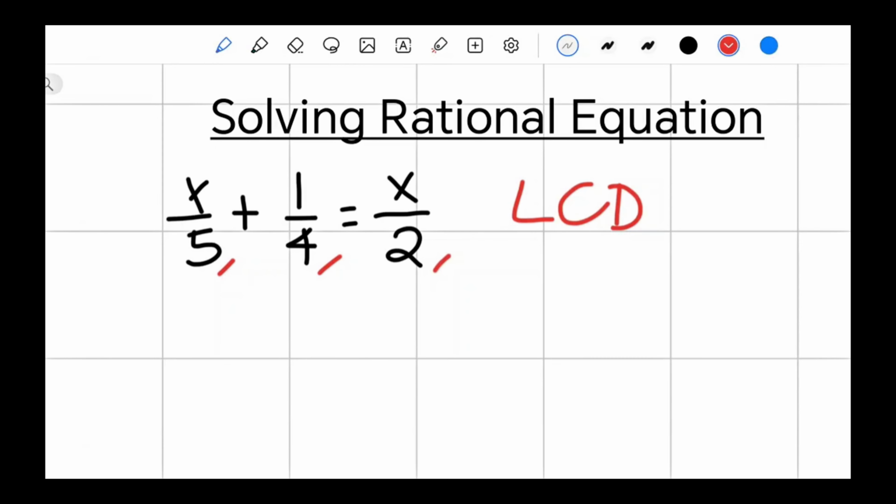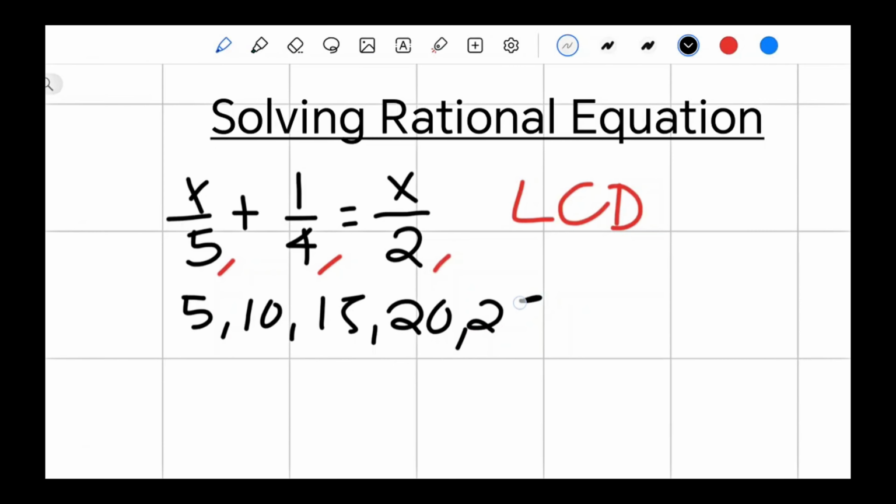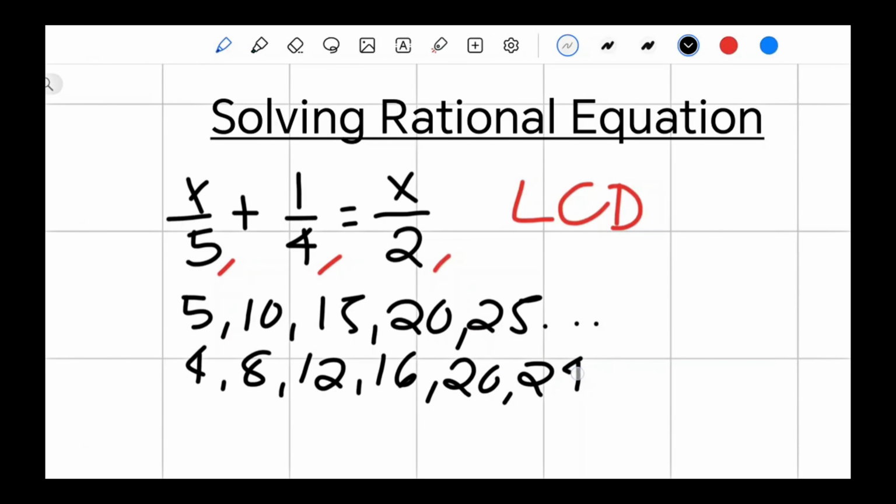Okay, so what we're gonna do is we will get the multiples of these three. The multiples of 5 are 5, 10, 15, 20, and 25, and so on. While the multiples of 4 are 4, 8, 12, 16, 20, 24, and so on.